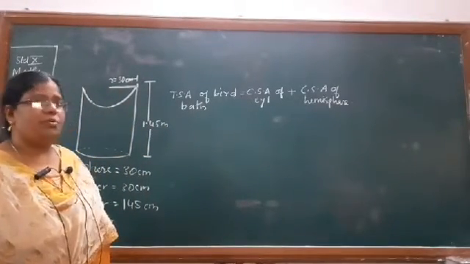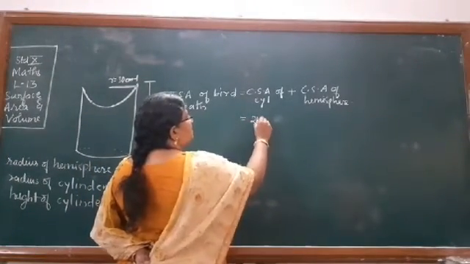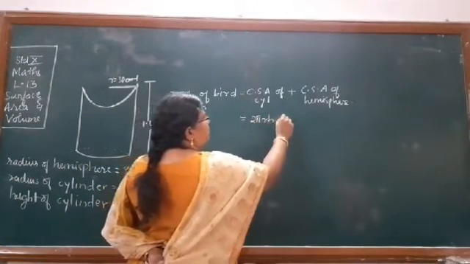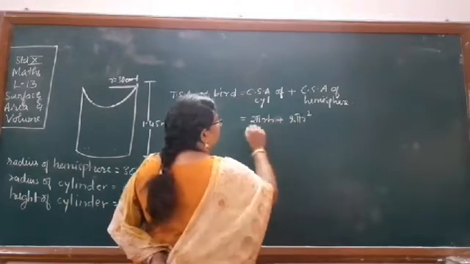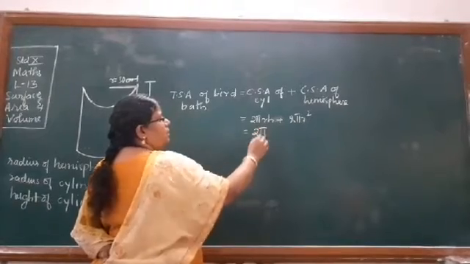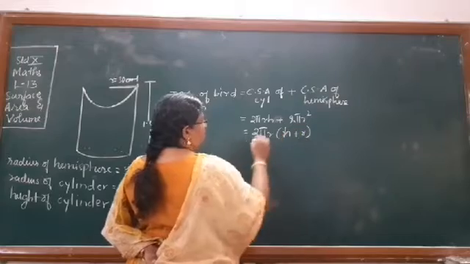So we are supposed to find it by combining these two formulas. Curved surface area of the cylinder is 2 pi r h and curved surface area of the hemisphere is 2 pi r square. Now when you take 2 pi r common, you will get h plus r.